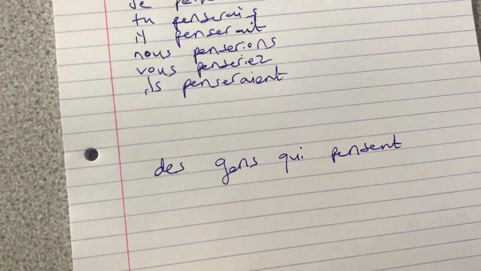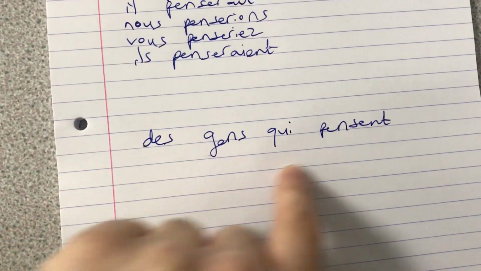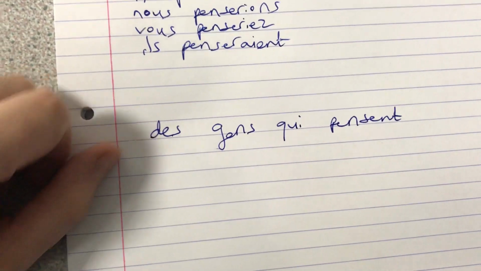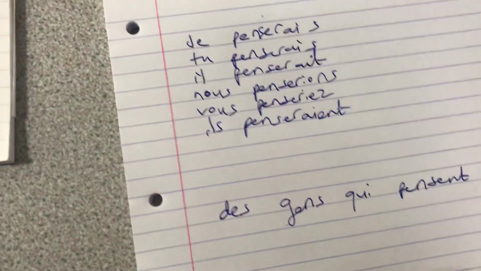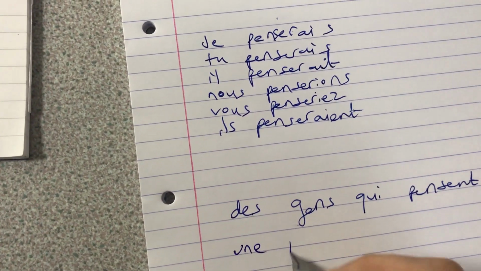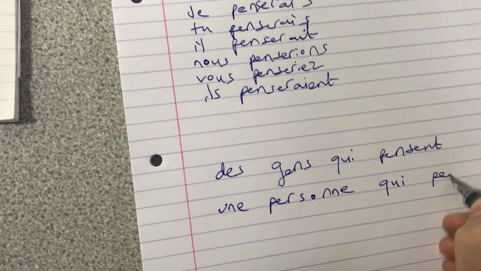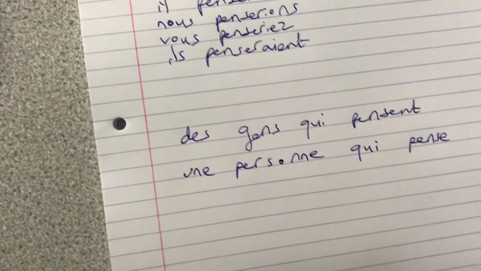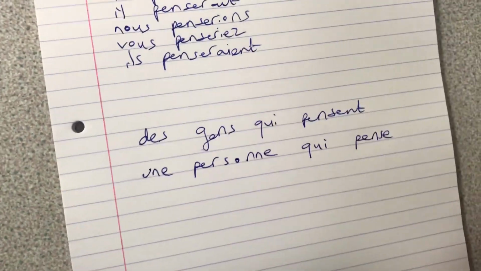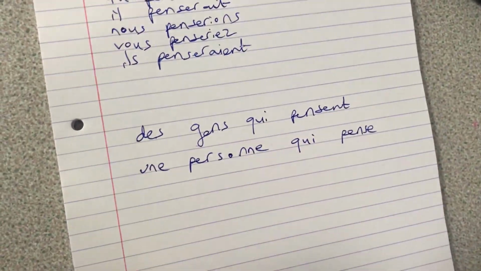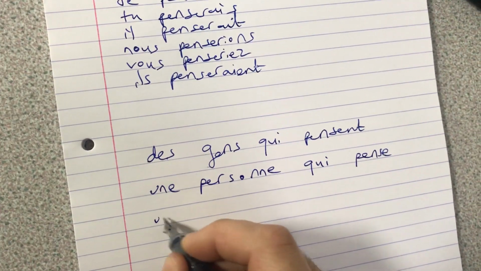And it's ENT on the end because it's they think, okay? Des gens qui pensent. Another example, une personne qui pense is a person who thinks.